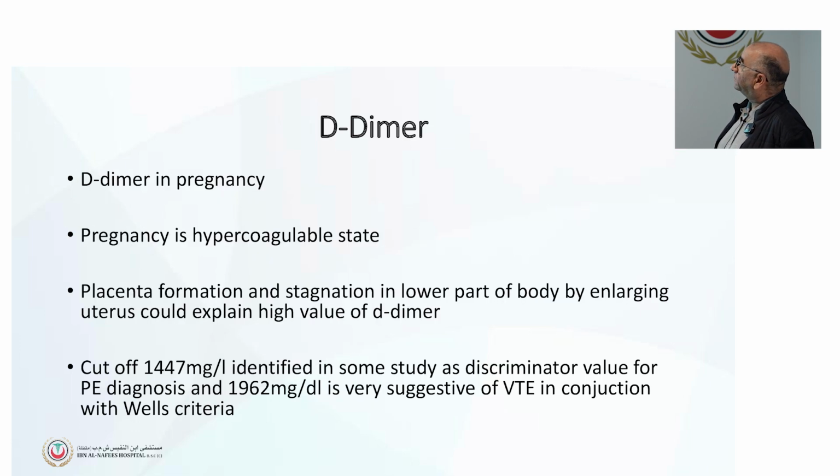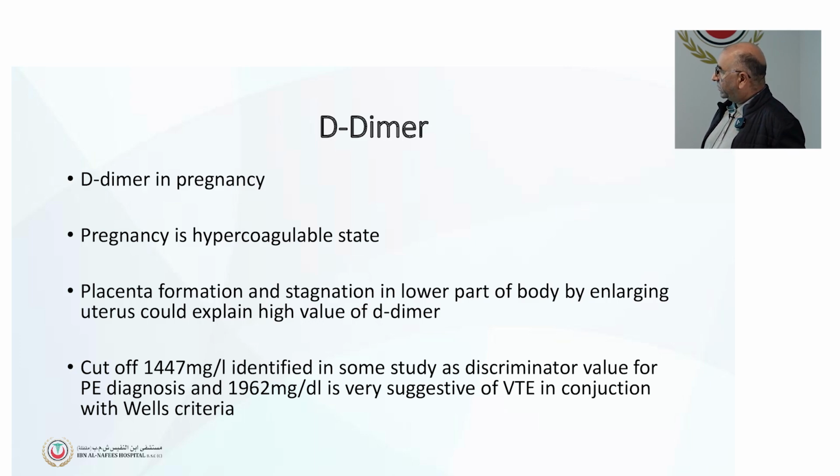excreted by the kidney. In pregnancy also, we know pregnancy is a hypercoagulable state, so D-dimer will be elevated. Because of placenta formation, and because of stagnation in the lower part of the body by the gravid uterus, this all will cause activation of coagulation.